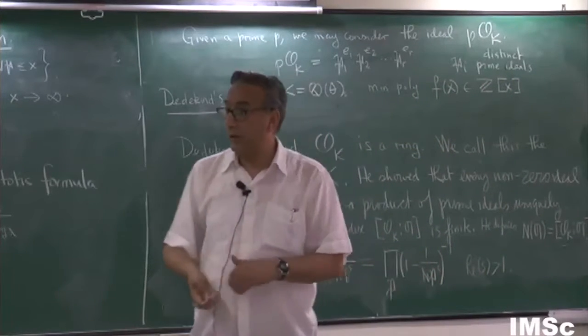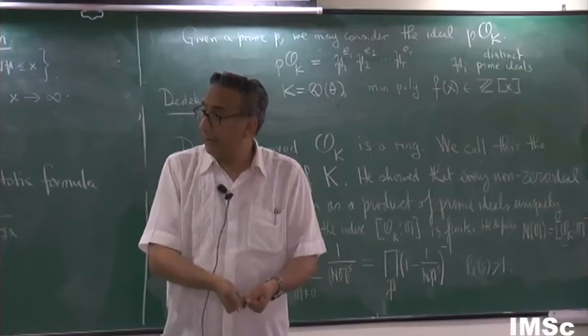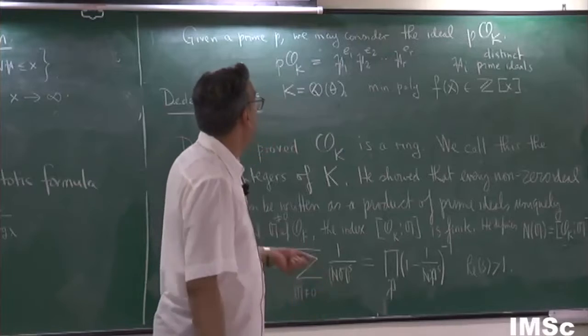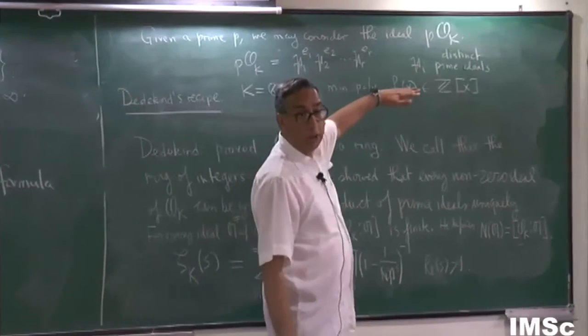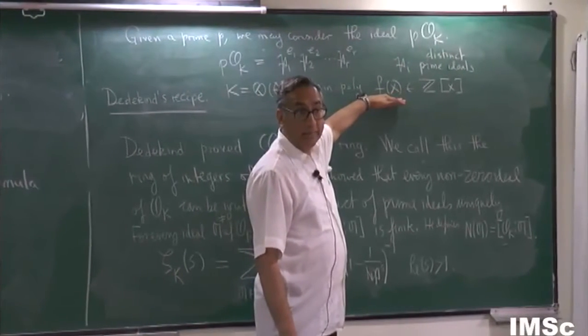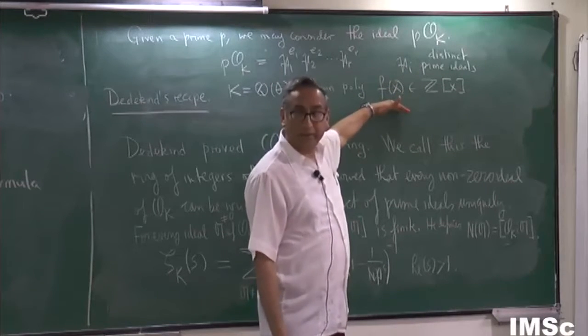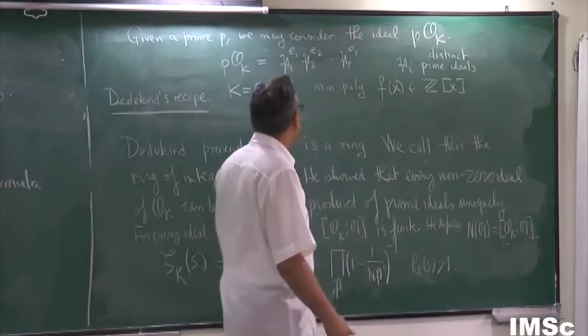So suppose my field looks like Q(theta), where theta is a root of some irreducible polynomial f(x). The minimal polynomials are irreducible, of course, you know that, right? So f(x) is irreducible, you have that.